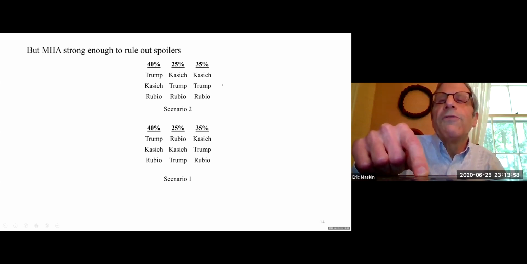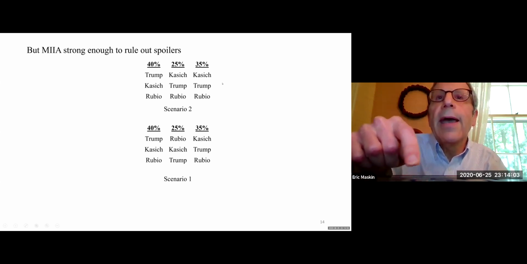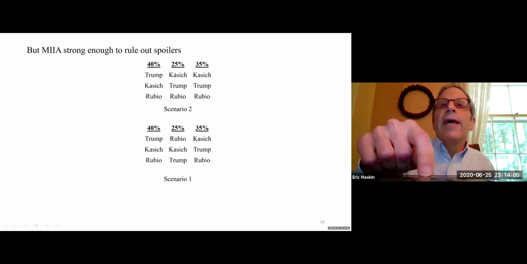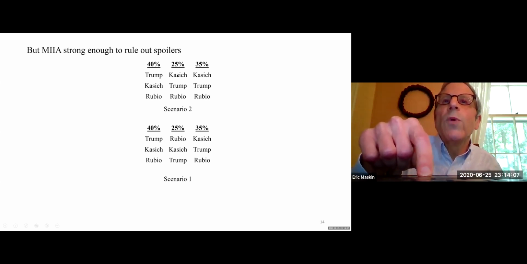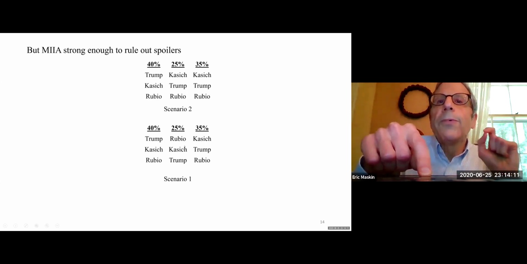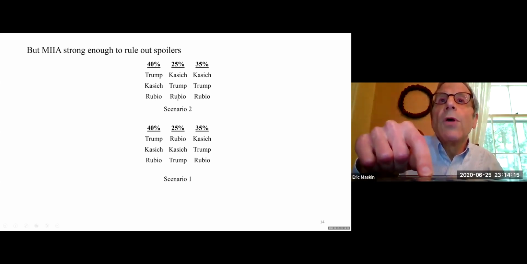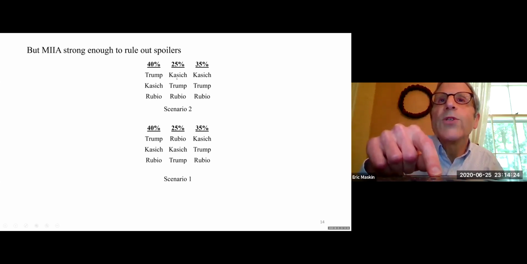But if the voting rule satisfies modified IIA, then if Kasich is the winner in scenario 2, Kasich must also beat Trump in scenario 1, because in neither scenario 2 nor scenario 1 does Rubio come between Kasich and Trump.